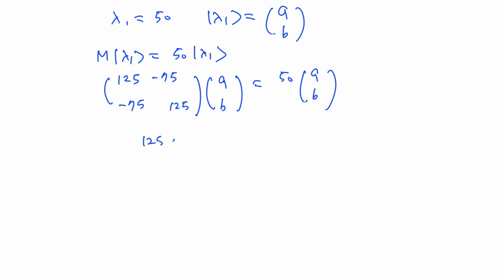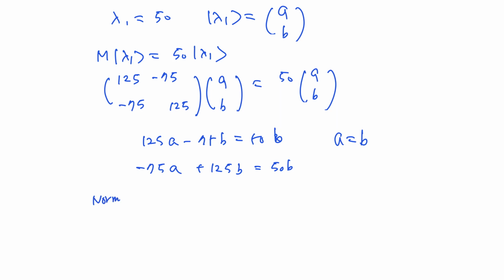So 125A minus 75B is 50A, minus 75A plus 125B is 50B. But the results are the same. Simple. A equal to B, right? So normalized eigenvector is 1 over square root of 2, 1, 1.